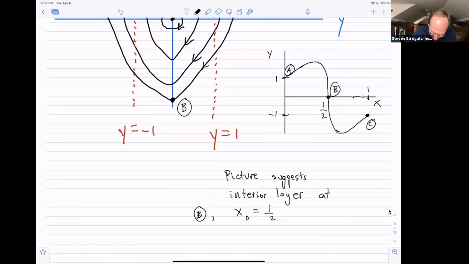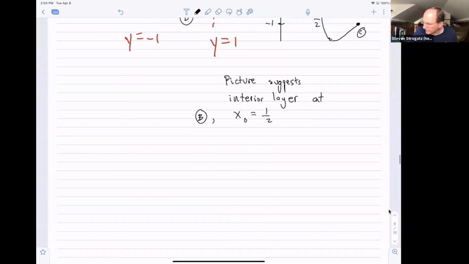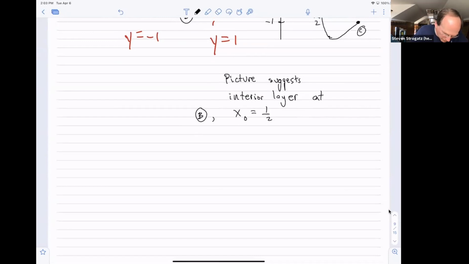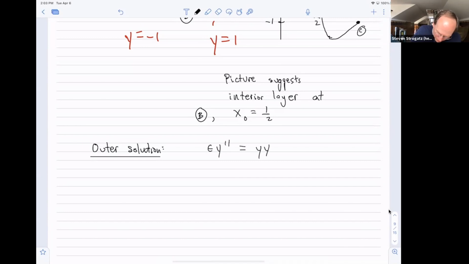Okay, so let me barge ahead with this. Let's just resort to usual thinking about the inner and the outer solution. So our governing equation, going back to the original formulation, was epsilon y double prime is y prime minus y.